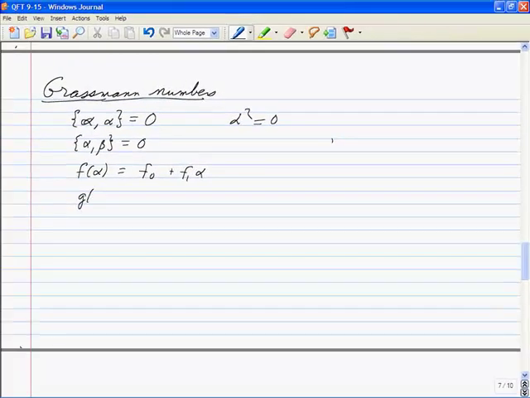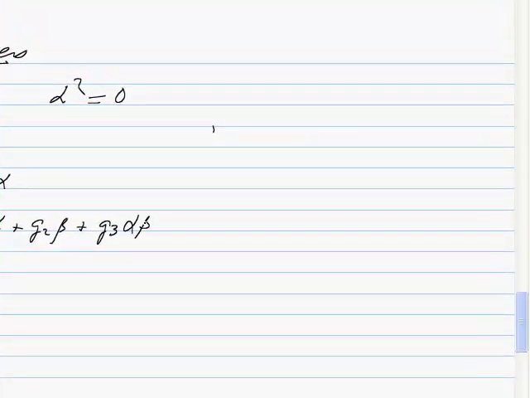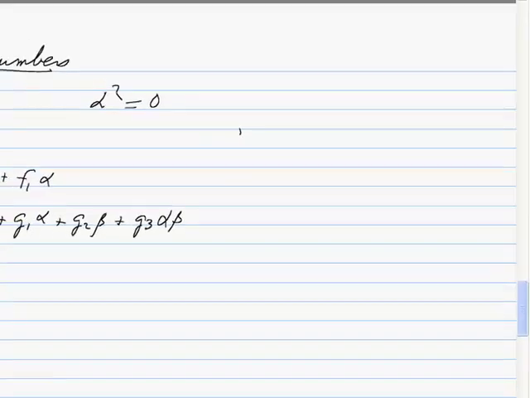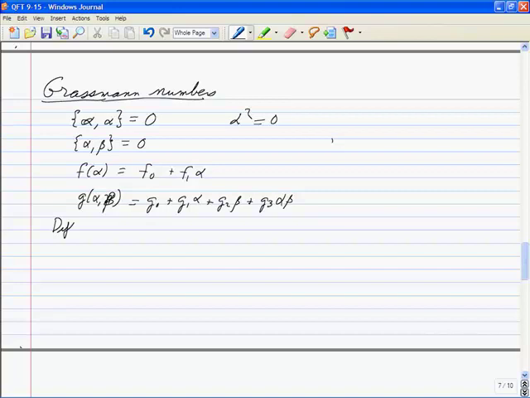If I have a function of two such numbers, that's g0 plus g1 alpha plus g2 beta plus g3 alpha beta, and it stops there. So that's the algebra.